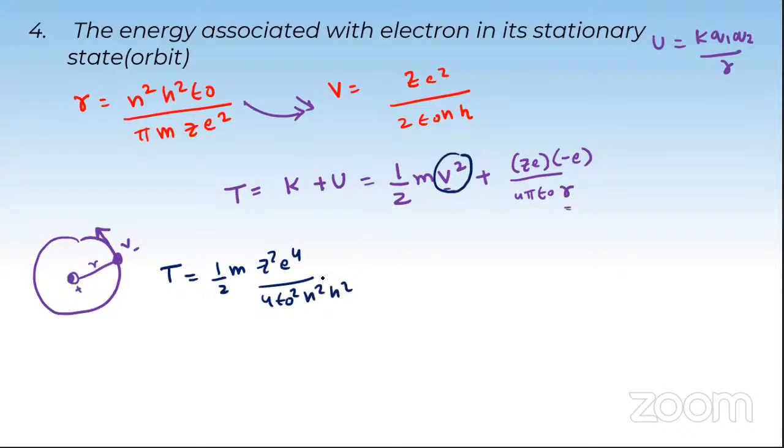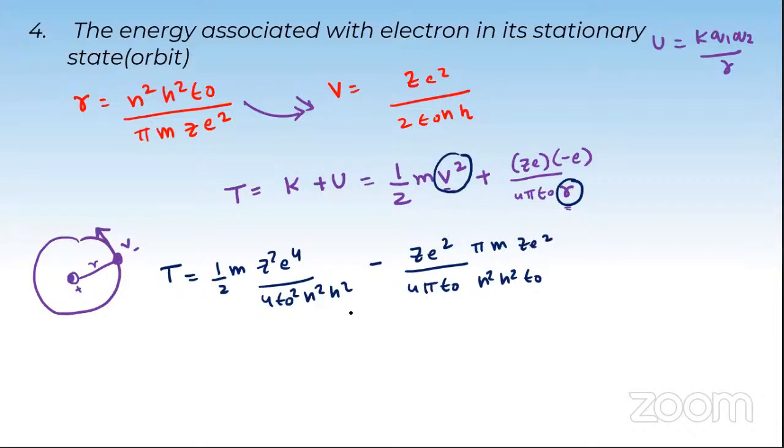I've squared this whole term and put it here. Negative of positive is negative. Here I get Ze square by 4 pi epsilon naught r as it is. But instead of radius r, I'm going to substitute this formula, which is n square h square epsilon naught over pi m z e square.